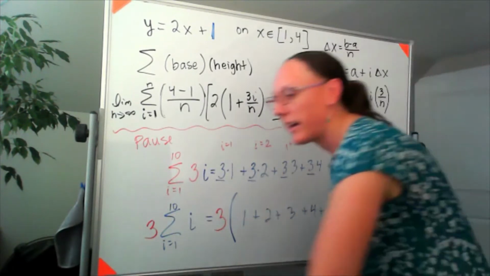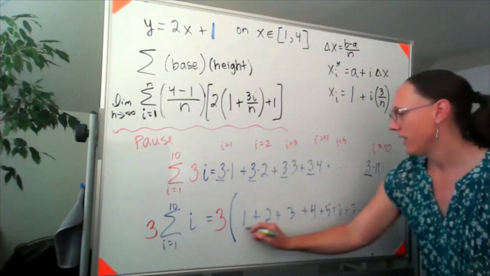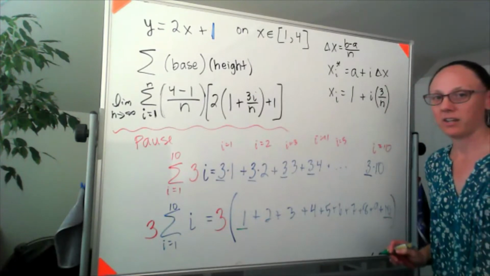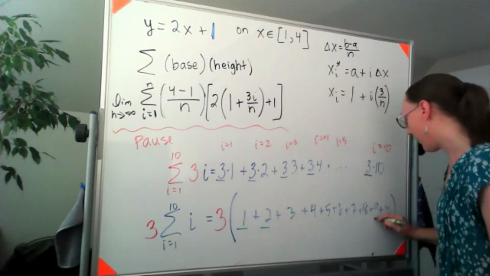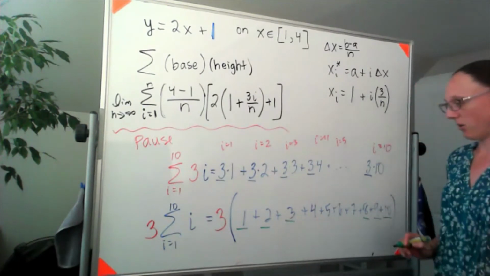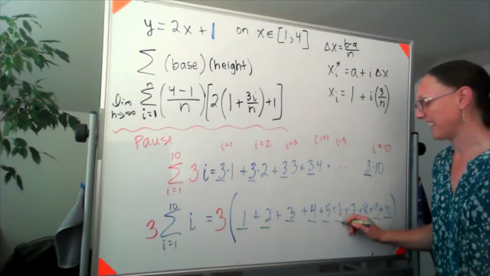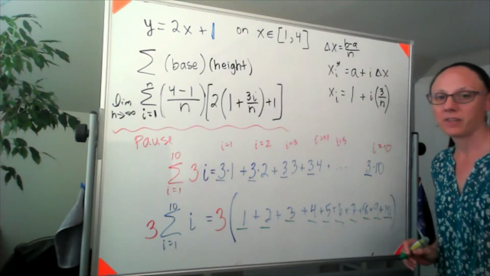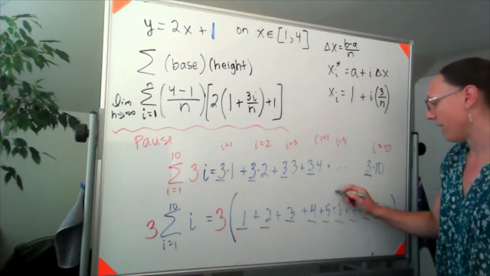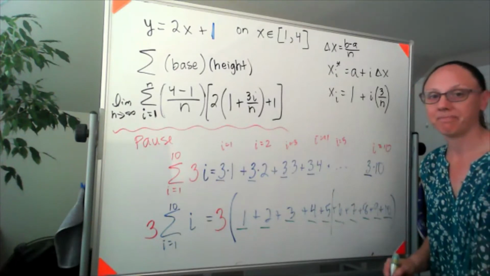If I take the first number and the last number, they add up to 11. But 2 and 9 also add up to 11, and 3 and 8 also add up to 11, and 4 and 7 add up to 11, and 5 and 6 add up to 11. So adding up the numbers from 1 to 10 is the same as adding up 5 pairs of 11.